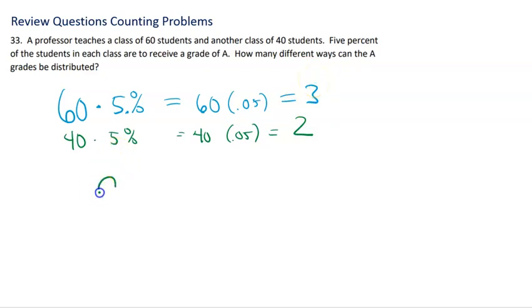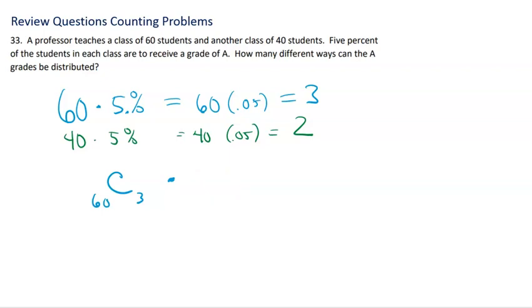So we're going to have a combination of 60 choose 3 times, because we also have to figure out these 2 A's in the other class. And this is the multiplication principle, because we're arranging these every way we possibly can. That's what the question is asking.